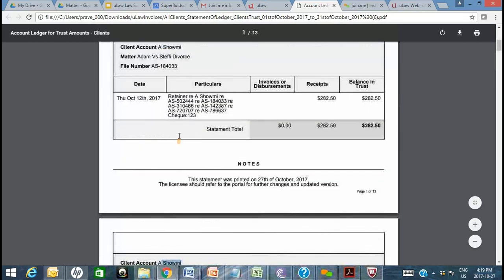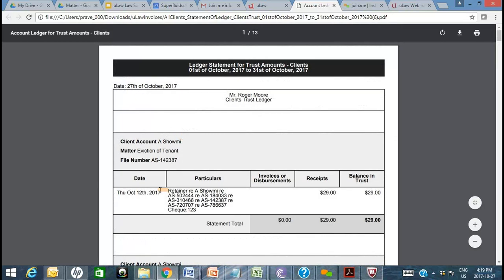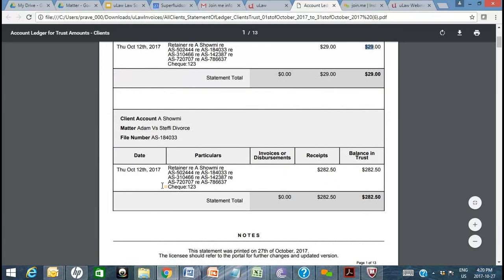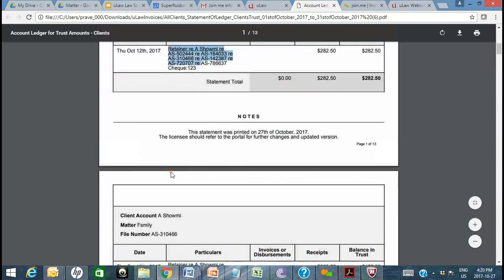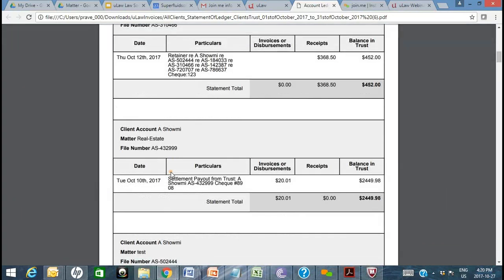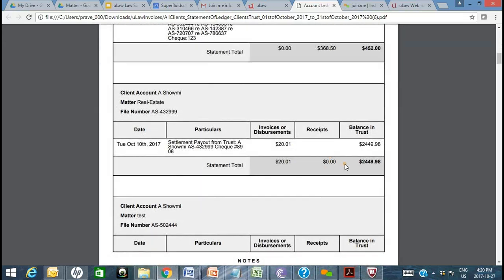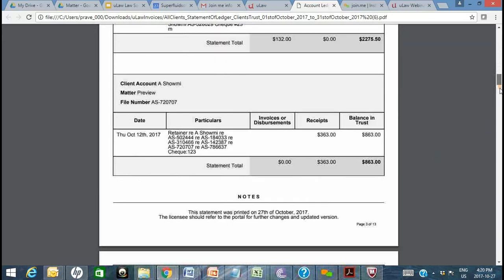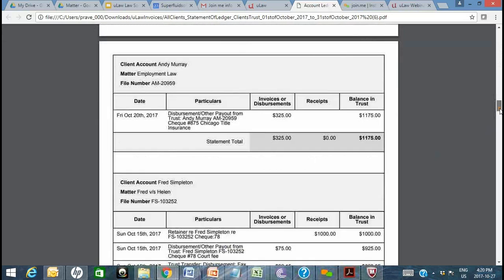So you really break it down by matter. But importantly, it's the retainer. So you receive that $1 million. That's the balance in trust, assets this month. Okay? Same thing goes to the retainer for this particular matter. So it really breaks it down by client, by matter, for that date period.